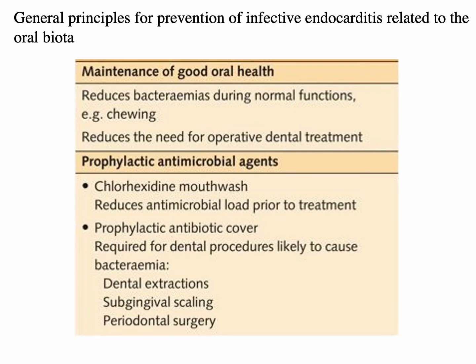So the general principles to prevent infective endocarditis are listed in the table here. Obviously, maintaining good oral health is important, so that will reduce the bacteremia. With poor oral health, obviously there are going to be a lot of bacteria in the plaque or in the gum tissue.